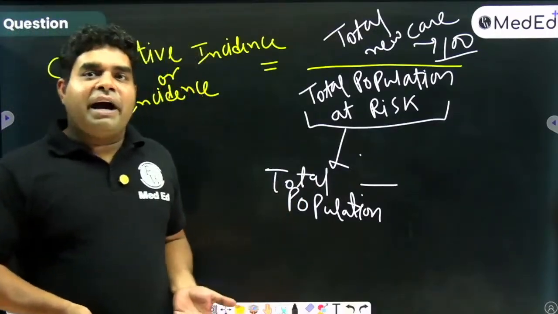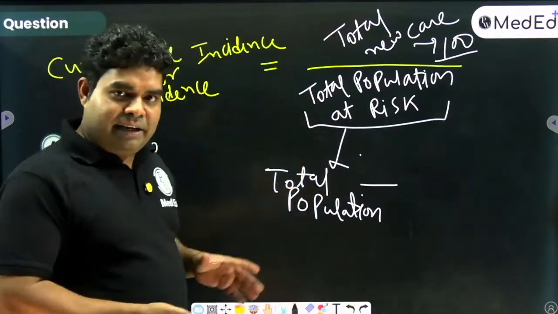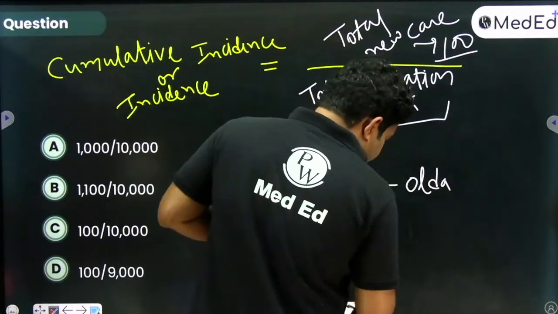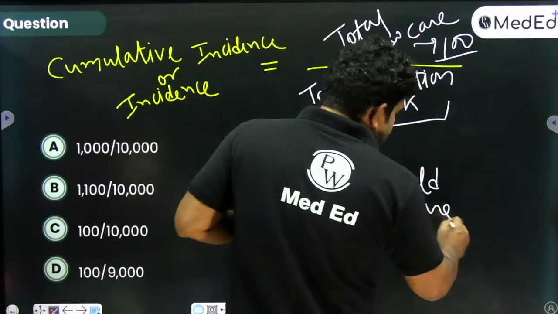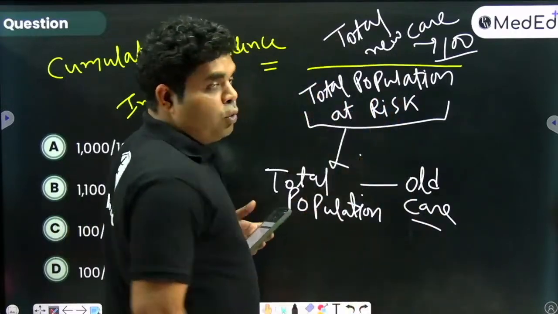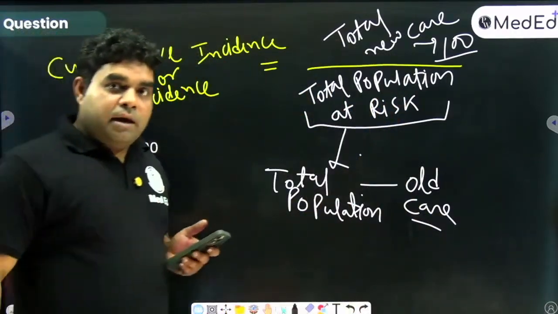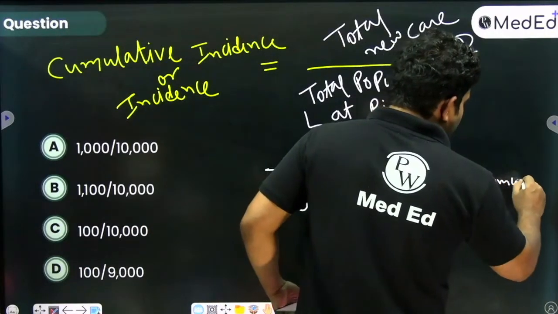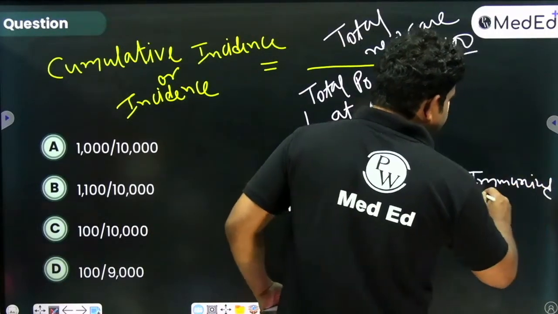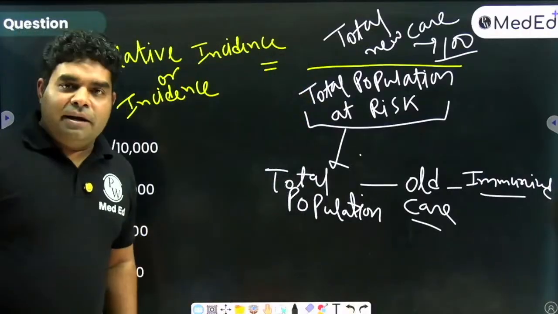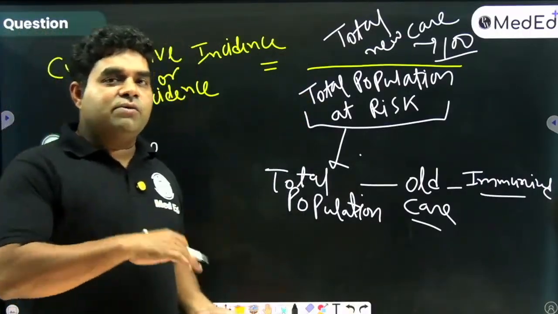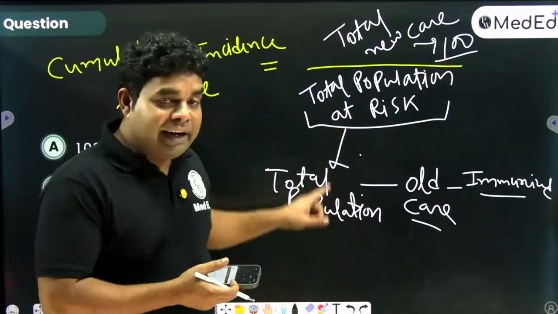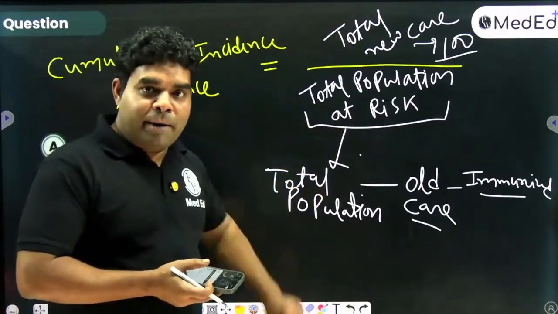What I am trying to say is, if a person already has hepatitis C, an old case, then he cannot develop hepatitis again. So we will subtract old cases from the total population. Plus, if there is someone who is immunized for the disease, because immunity is there, he or she will also not be at risk, will also not be susceptible for hepatitis.